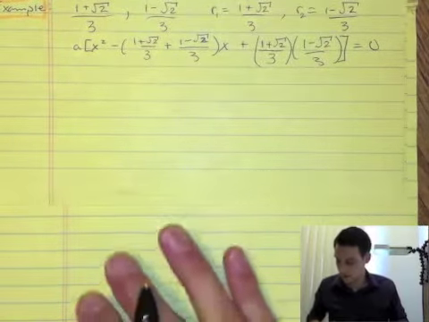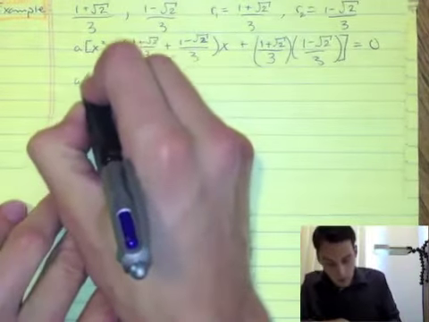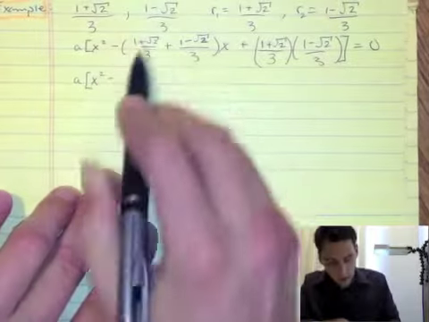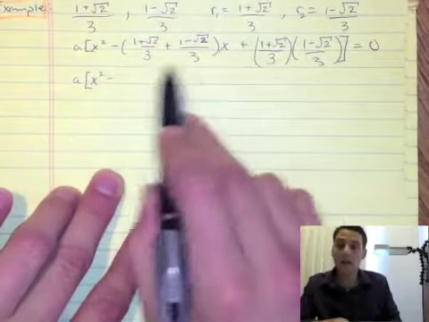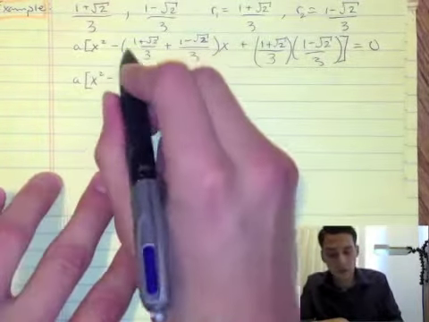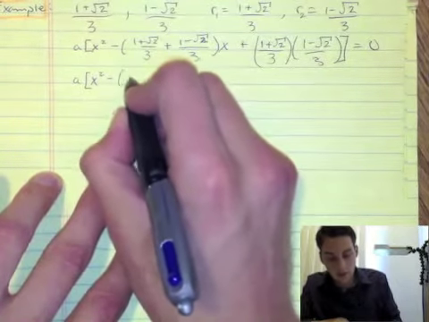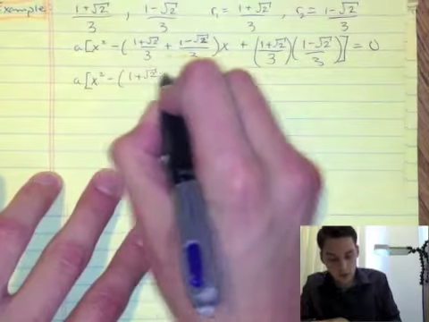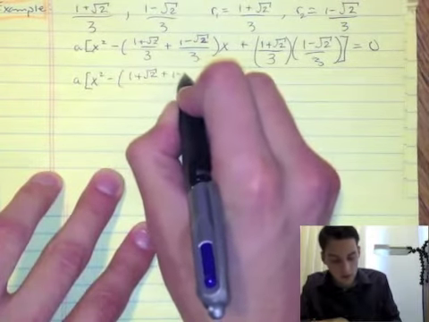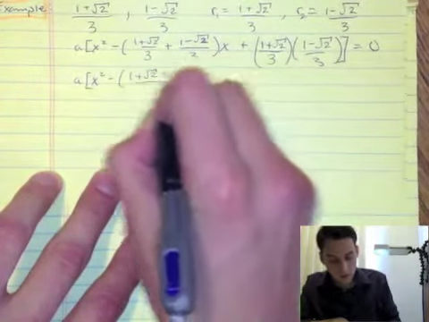So I'll simplify this. A times x squared minus, since they have the same denominators, I'm going to put them above one denominator. So I'll have 1 plus root 2 plus 1 minus root 2 all over 3.